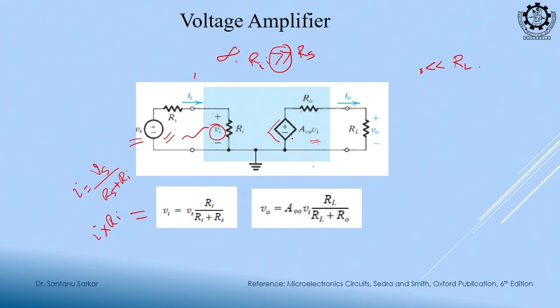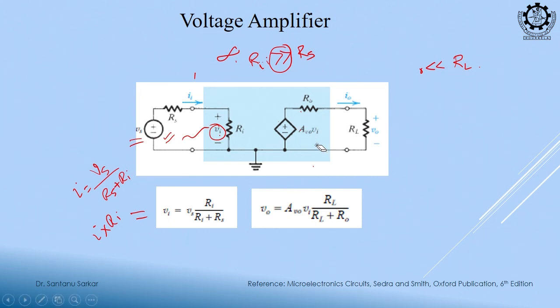This voltage I use a different notation because this gain is multiplied with this. So this output voltage depends on something. What is that something? Which is related to the input side. So your output voltage depends on the input. In op amp you remember, inverting amplifier, output depends on input into something. V0 is equal to Vi into minus R2 by R1. Okay. So that output is a function of input, that is why this is a dependent source.